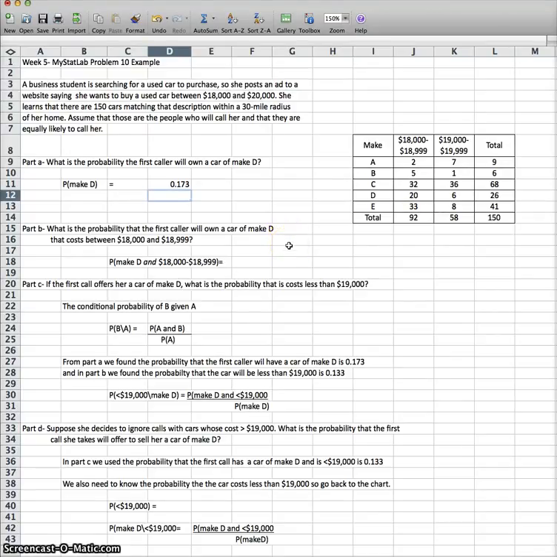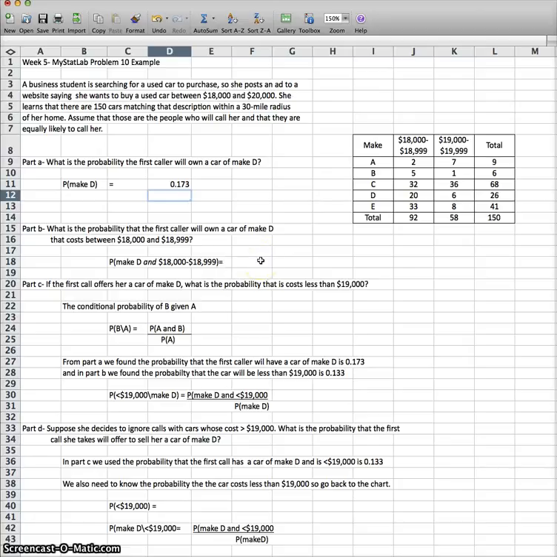Part B, what is the probability that the first caller will own a car of make D that costs between $18,000 and $18,999? Well, we know we have 20 cars here in that range for make D out of a total of 150.